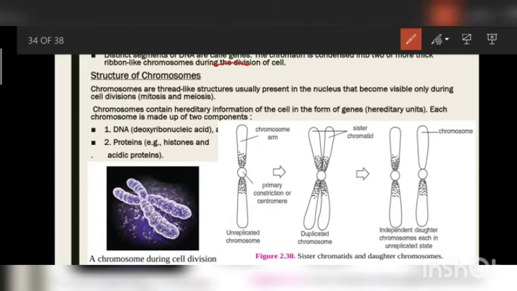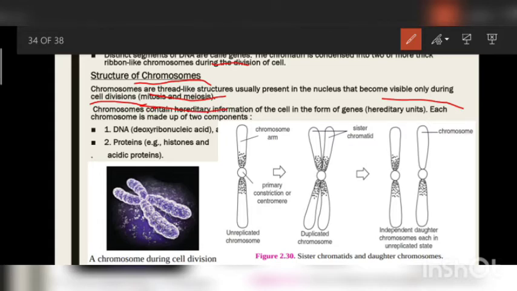Okay, now during cell division they form a ribbon-like structure called chromosomes. So what do you mean by chromosome? It is a thread-like structure which is usually present in the nucleus and becomes visible only during cell division, mitosis and meiosis.